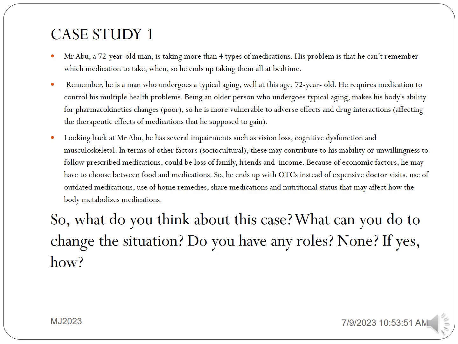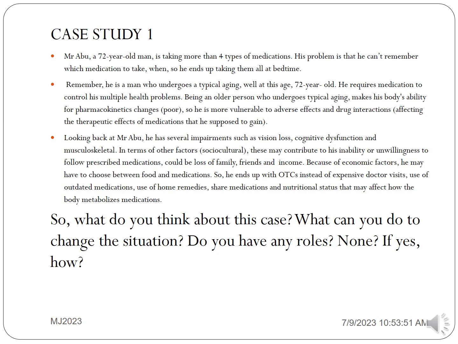Let's look at a case study. Mr. Abu, a 72-year-old man, is taking more than 4 types of medications. His problem is that he can't remember which medications to take when, so he ends up taking them all at bedtime. Remember, he is a man who undergoes typical aging.